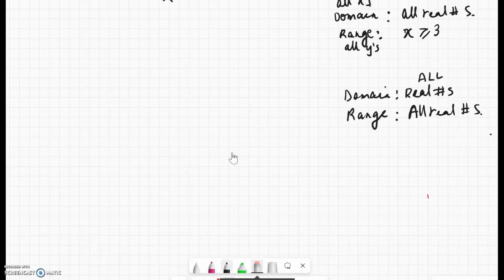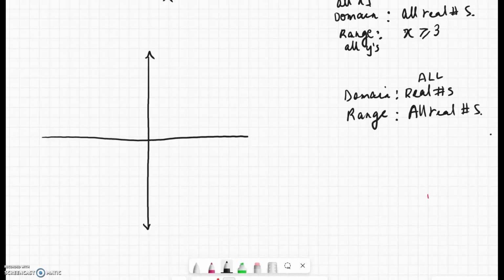Now suppose I have a graph. And my graph looks like this.